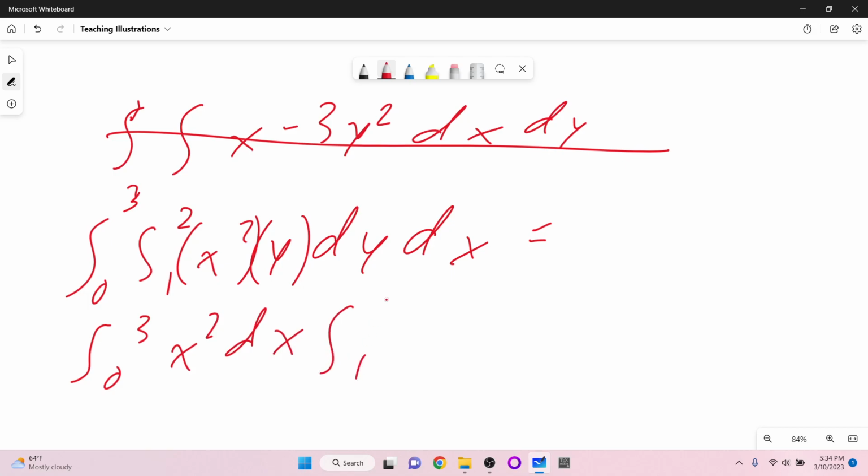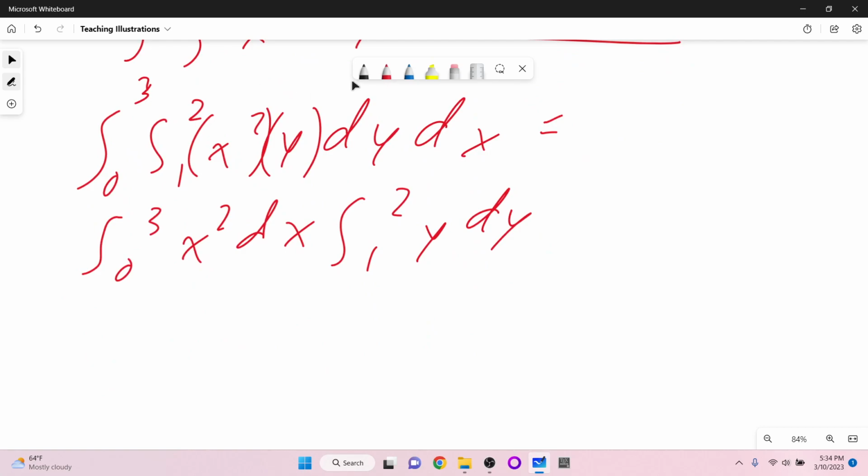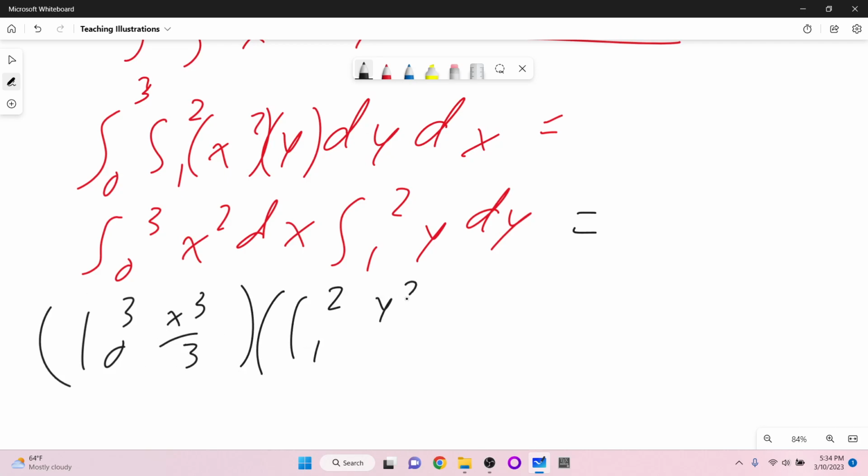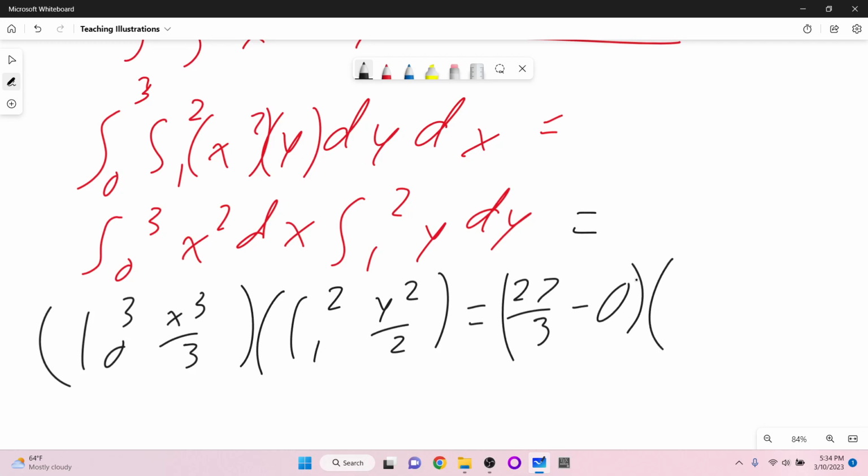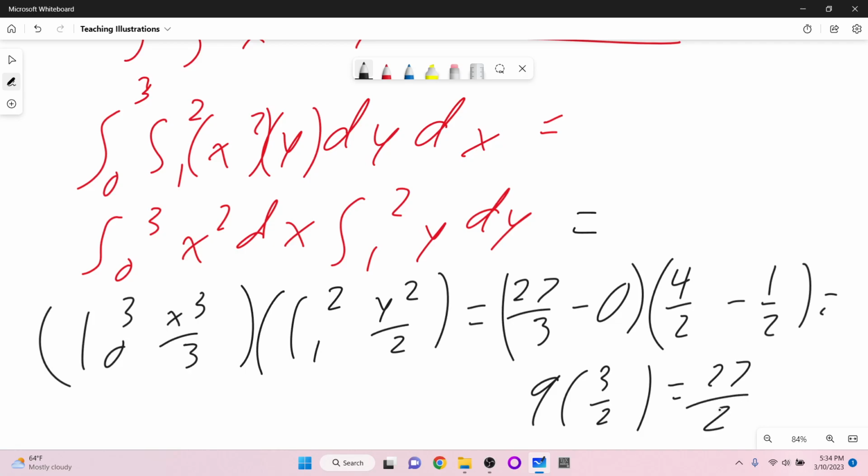Then the y part would be 1 to 2 of y dy. And then we could just do these separately as 0 to 3 of x cubed over 3, 1 to 2 of y squared over 2, which becomes 27 over 3 minus 0 times 4 over 2 minus 1 over 2, which is 9 times 3 halves, or 27 halves, which is the same as we got last time.